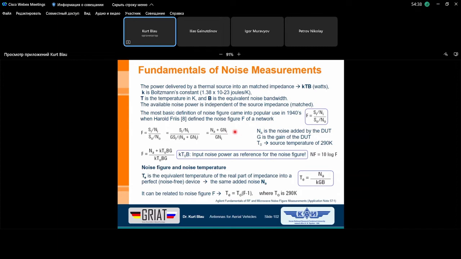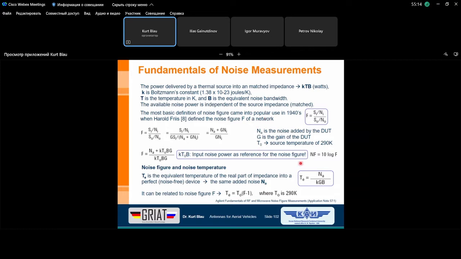We have no reactive part, but from a theoretical point of view, this thermal noise power is only coming from the real part of the impedance of our source, generator or antenna. Also, our antenna has reactive parts, has imaginary parts. We already mentioned this in one of our first lectures.